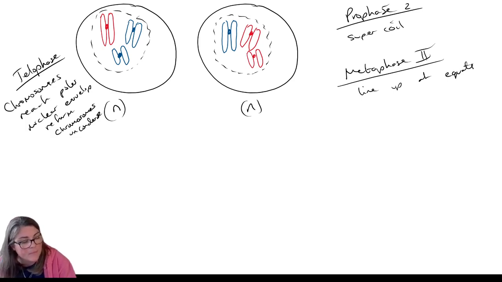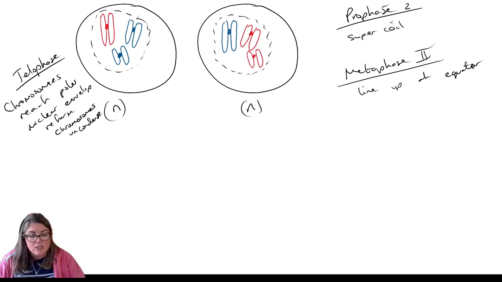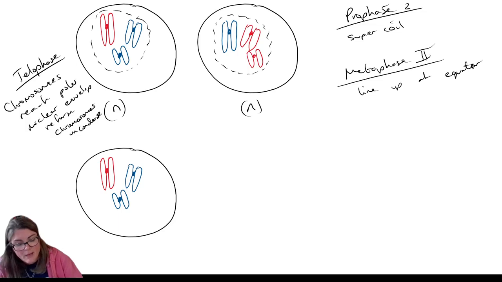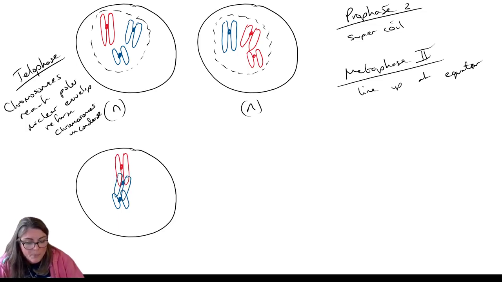This time, when they're lining up at the equator, each of these individual cells during metaphase has the chromosomes lining up at the equator.